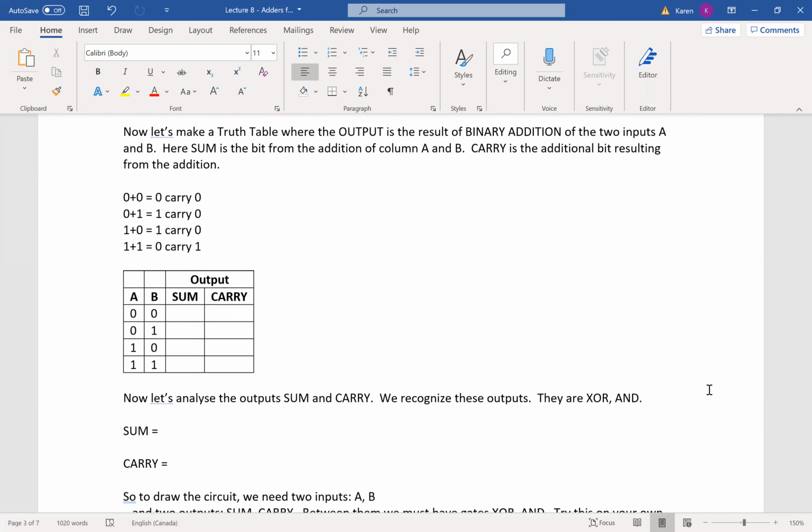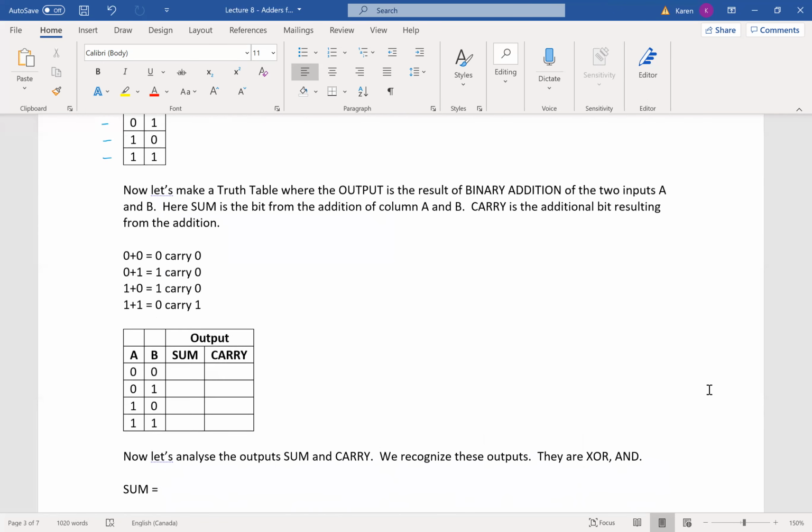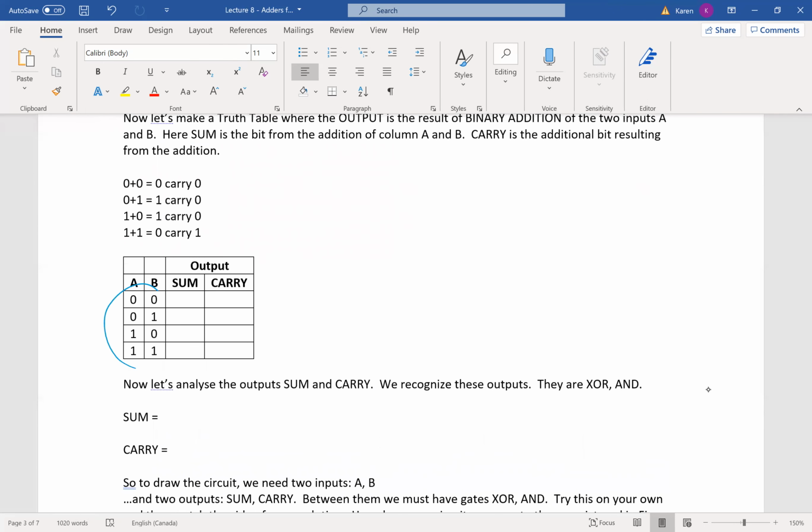Now we can make a truth table for the outputs. Here are the inputs that we just determined above. The outputs are the result of binary addition.